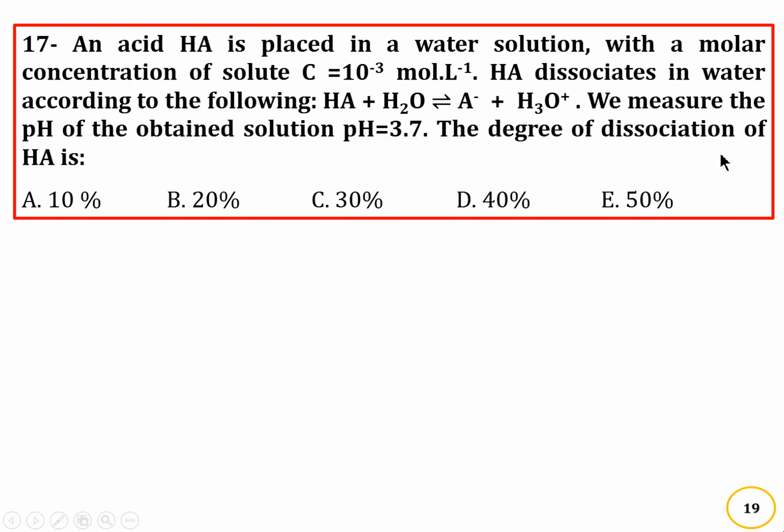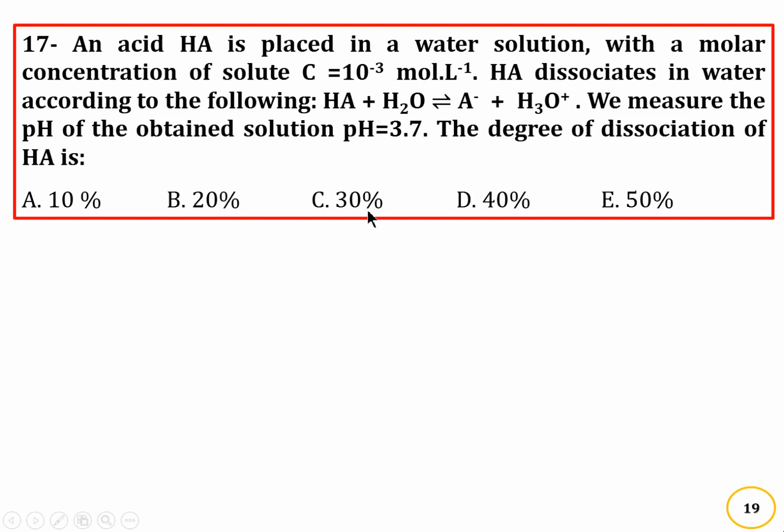So the objective is to calculate alpha, the degree of conversion or the degree of dissociation, knowing the concentration and the pH. In the previous example, we calculated Ka knowing C and alpha. In this exercise, we want to calculate alpha knowing C and pH.